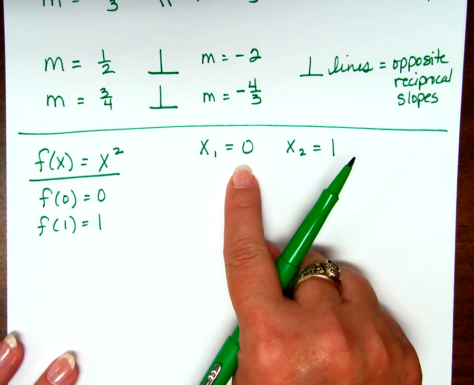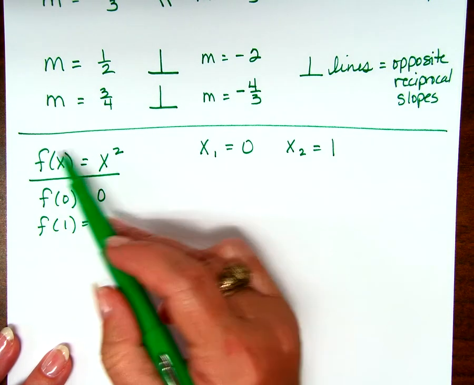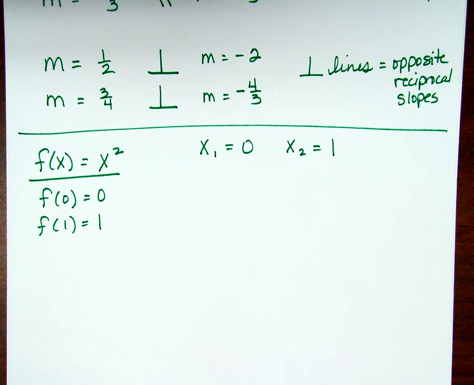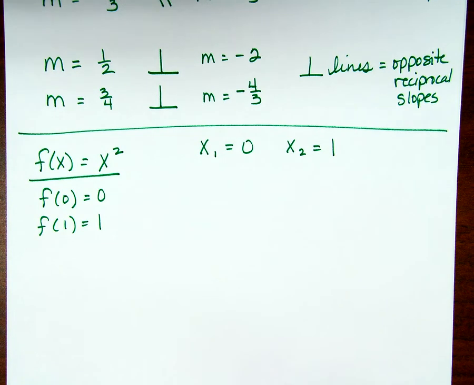Okay? So the average rate of change between these 2 points, now I have to find the slope between these 2 points. Knowing that this total equation right here is a curve, I'm not finding the slope of the curve. I'm finding the average rate of change between these 2 points. And we know that the other word for rate of change is what? Slope. Yeah, okay.